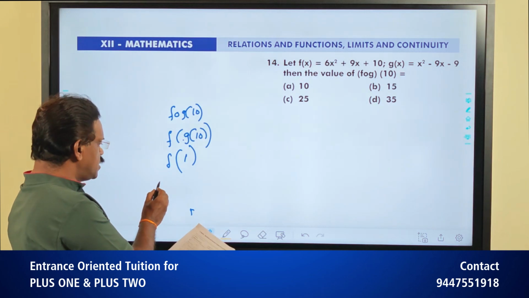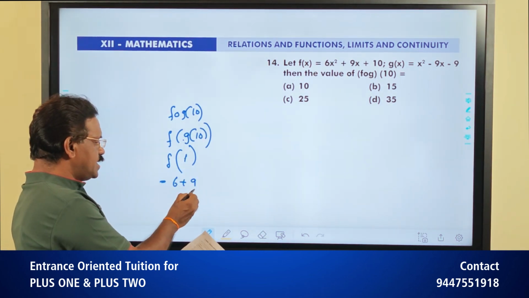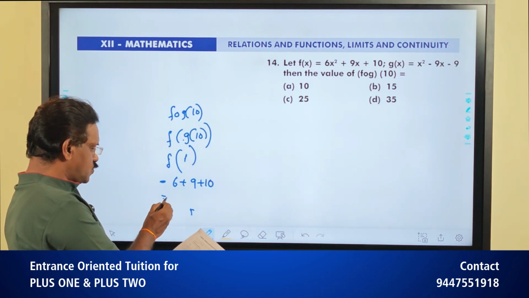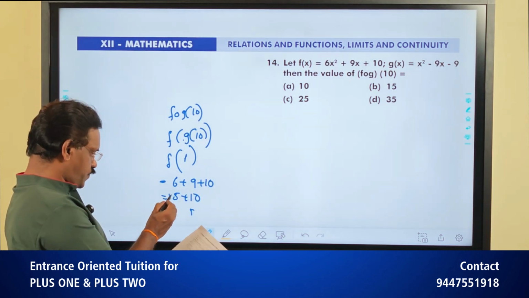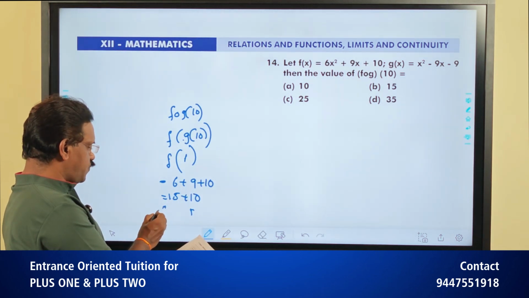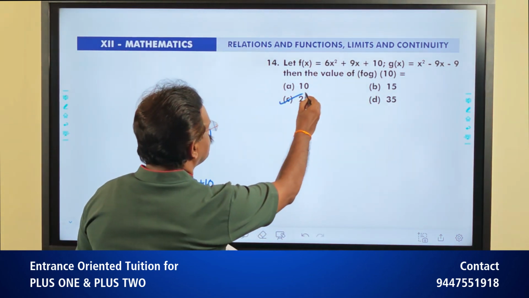Then in F, replace x by 1. So you are getting 6 plus 9 plus 10, which is equal to 15 plus 10, which is equal to 25. The answer is given by choice.